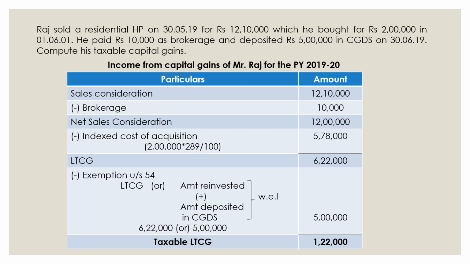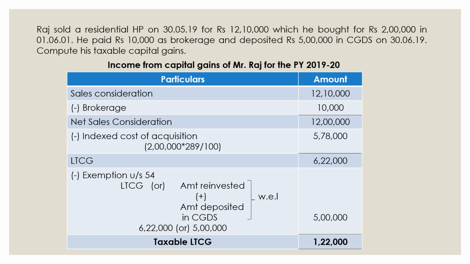Since all the conditions that we have seen in the previous slide are satisfied, Mr. Raj can claim exemption under Section 54, which is long-term capital gain or the amount reinvested plus the amount deposited in the CGDS, whichever is less.